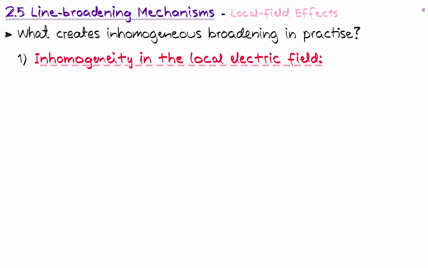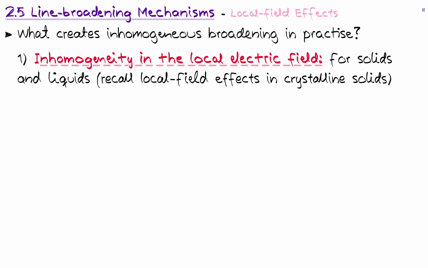First of all, inhomogeneity in the local electric field can give rise to inhomogeneous broadening. This is especially important in solids and in liquids. If you have taken a course on solid state physics, please recall, for example, that local field effects take place in crystalline solids.